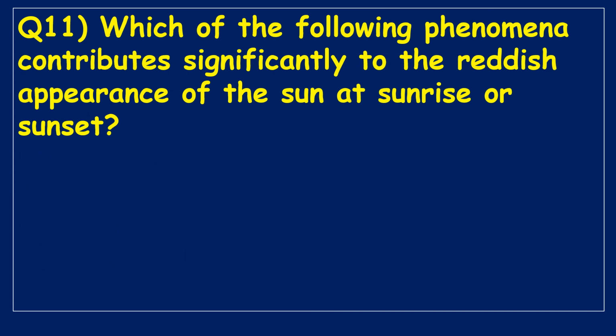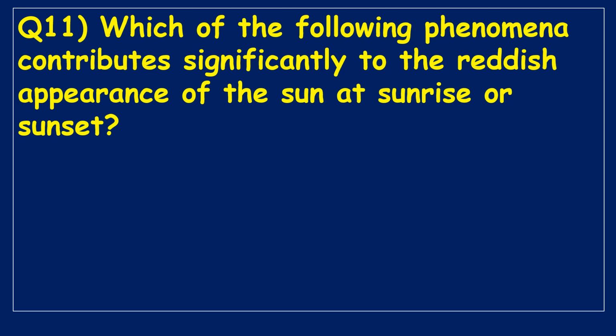Next question. Which of the following phenomena contributes significantly to the reddish appearance of the sun at sunrise or sunset? My children, we know that during morning time we can see the sun in red or orange-reddish color, and in the evening during sunset also we can see the sun in a reddish orange color, sometimes orange. Why?